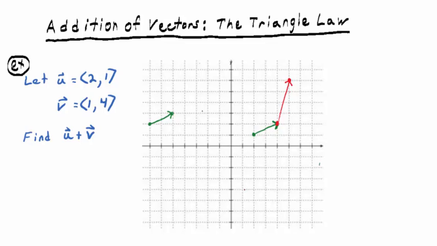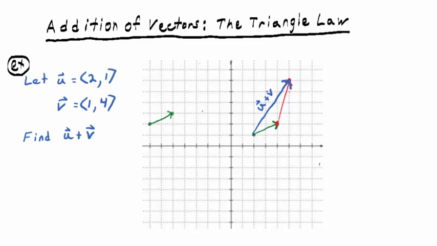So look at the vector in green, look at its beginning point, the tail, and draw an arrow from that to the tip of the vector in red. And that is u plus v, everyone. So the vector in blue is u plus v.